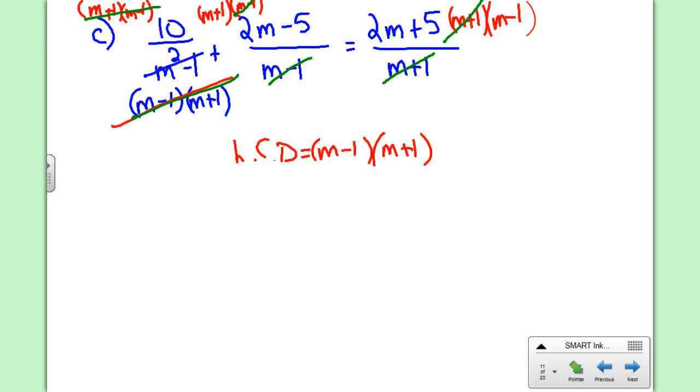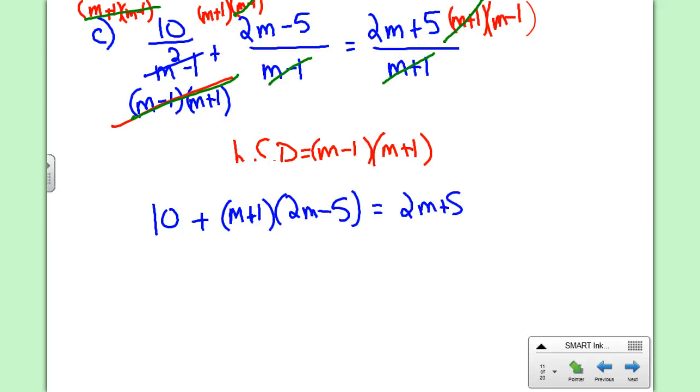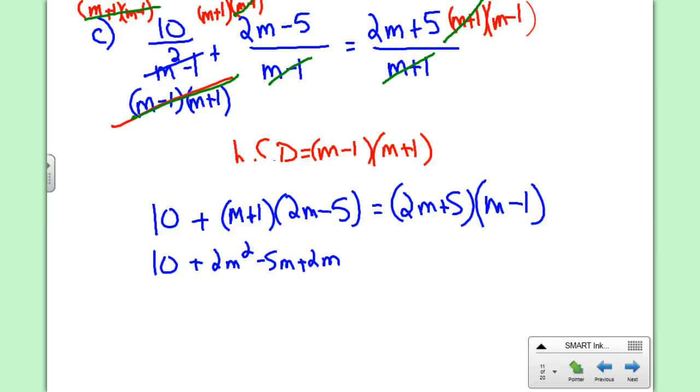So your new equation without denominators is 10 plus m plus 1 times 2m minus 5 is equal to 2m plus 5 and m minus 1. 10, and if I multiply this out, plus 2m squared minus 5m plus 2m minus 5 is equal to 2m squared minus 2m plus 5m minus 5.